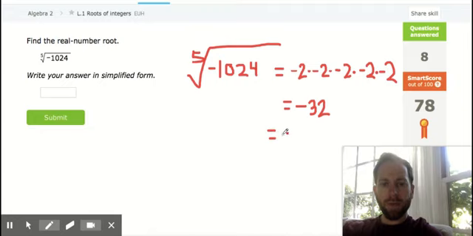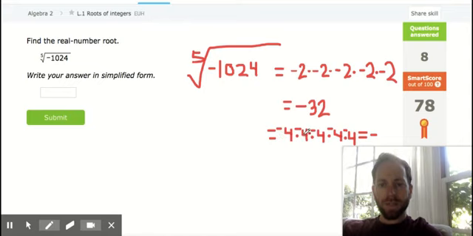We know our answer is going to be negative. And let's see what 4 to the 5th power gives us. Right, a negative times a negative 5 times will still be left with a negative.